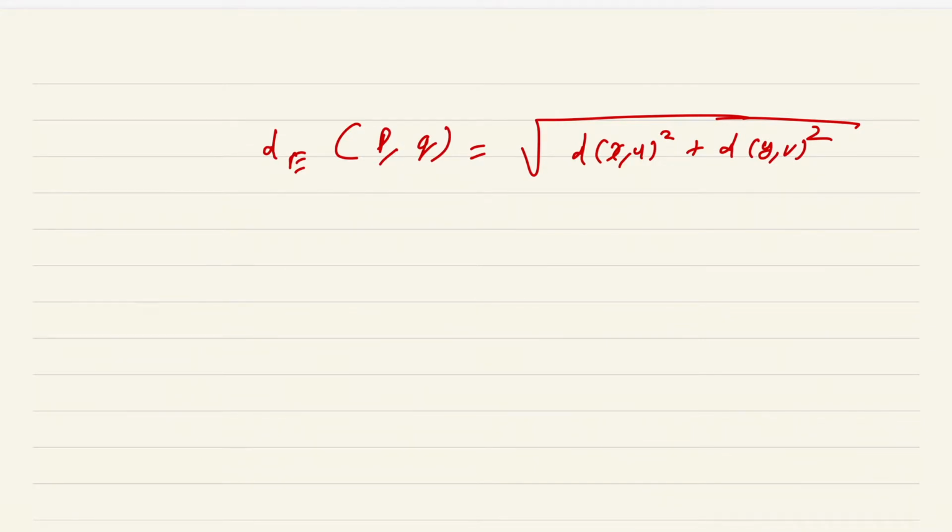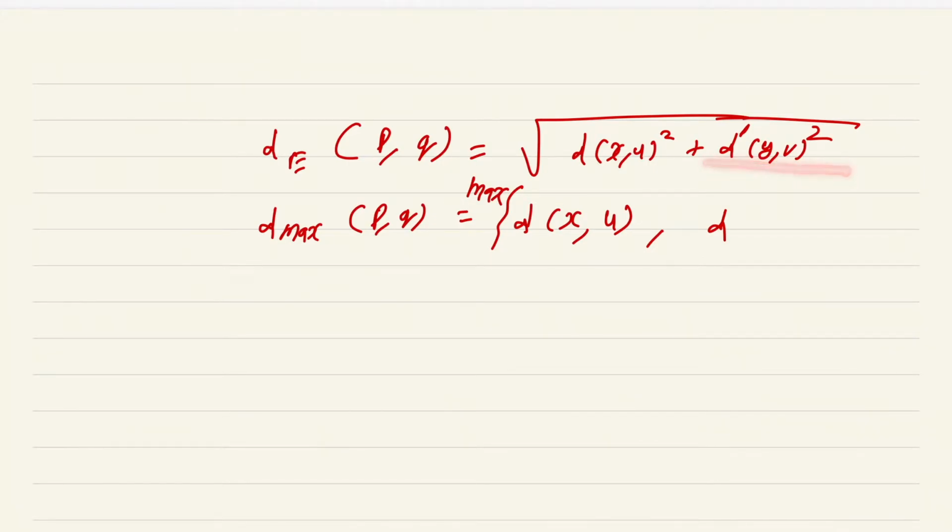The second one, d_max of P, Q, is just the maximum of d of (x, u) comma d prime. Here again it should be d prime, so just note that there was a small mistake here.